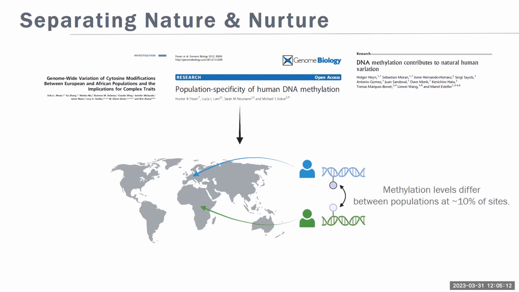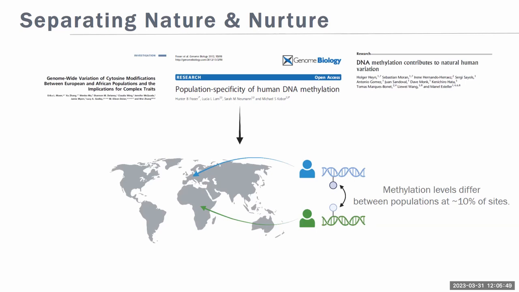But the obvious question is: is that a difference in genetics between the populations, or a difference in the gross environment between populations? And because these are humans, we can't just move them into another environment and do an experiment. So there didn't seem to be an obvious way of disentangling what is driving these differences.